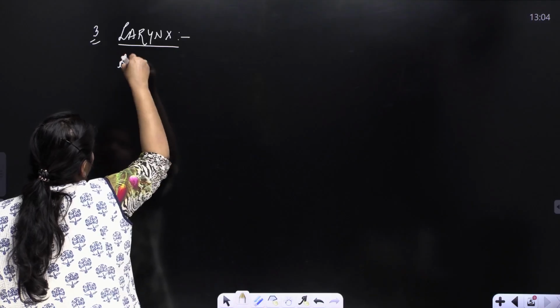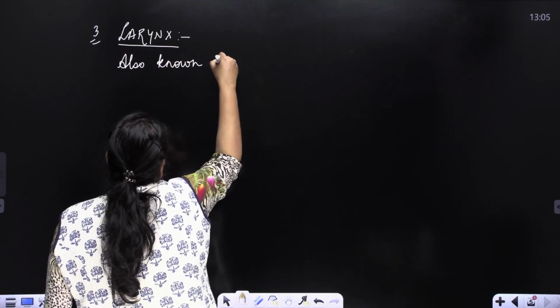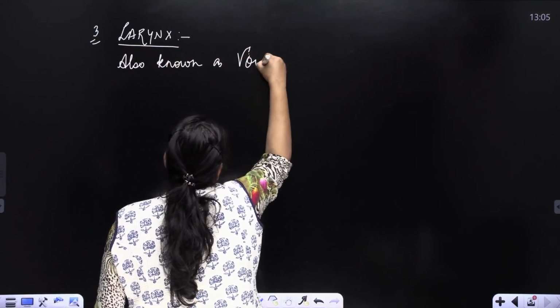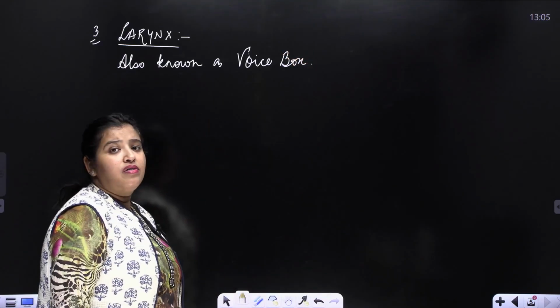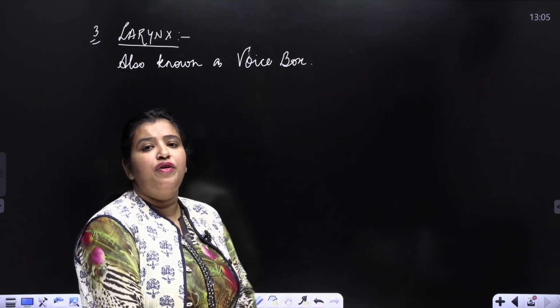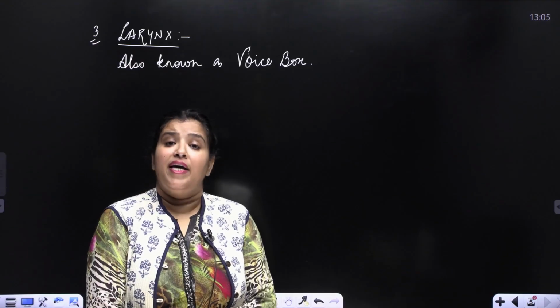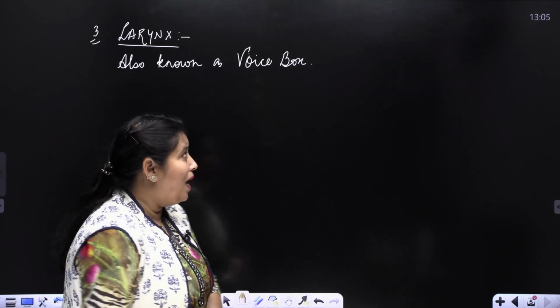Larynx is also known as the voice box. Why? Because this is the box where sound production takes place. The sound that we hear is produced here in the larynx or the voice box. Why?